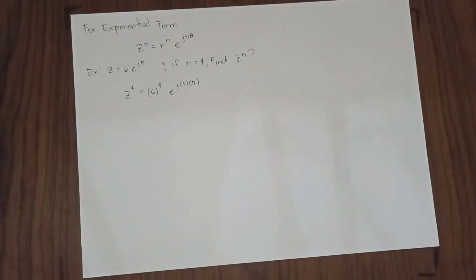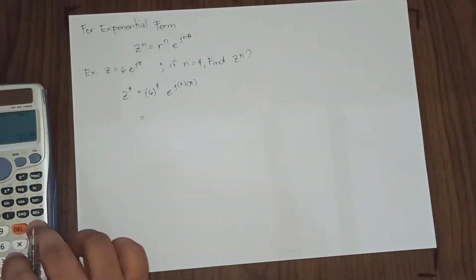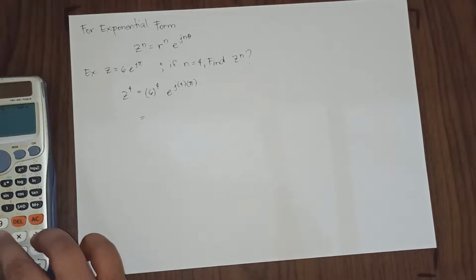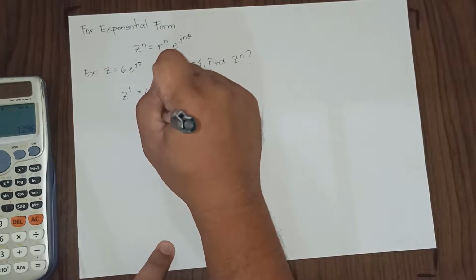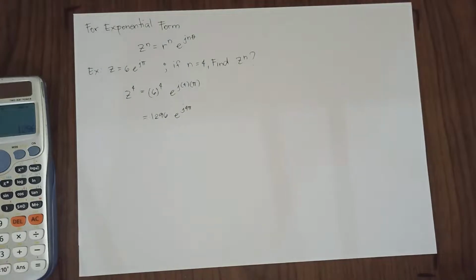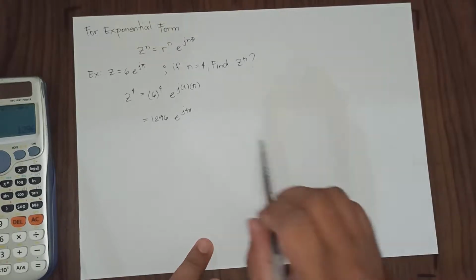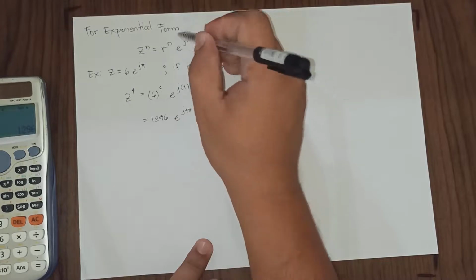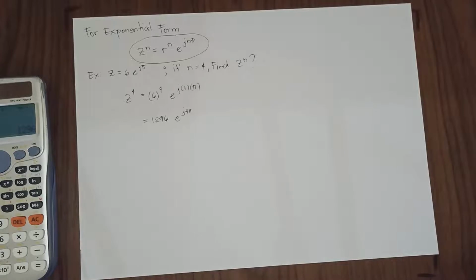So, 6 raised to 4 is 1296, e raised to j of 4 pi. So, that is already the answer. Nothing else. Just follow the form. Wherever the n is, apply the value of n, then proceed to the operation.